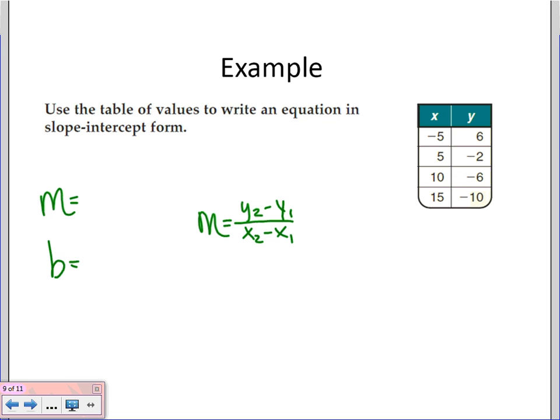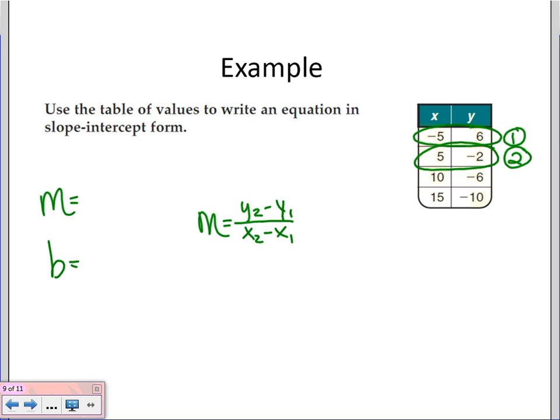Okay, now from here, from this table, we have several different values to choose from. Now this is where it's going to be really important, where you keep yourself consistent. Okay, so I'm going to choose maybe this pair as my x1, y1, and possibly this pair as my x2, y2. You honestly could choose any of these pairs as long as you keep yourself consistent.